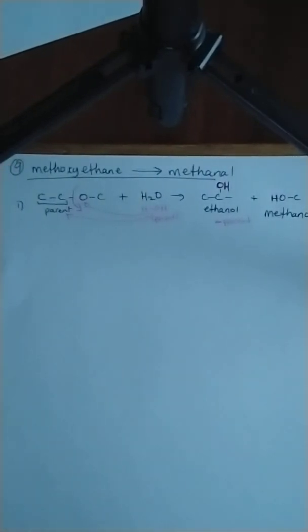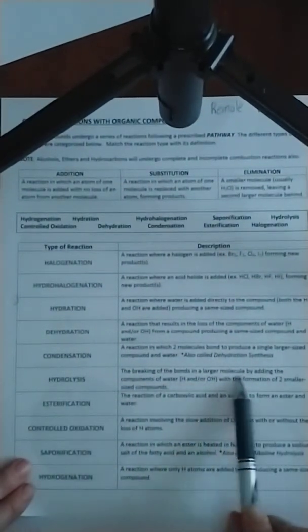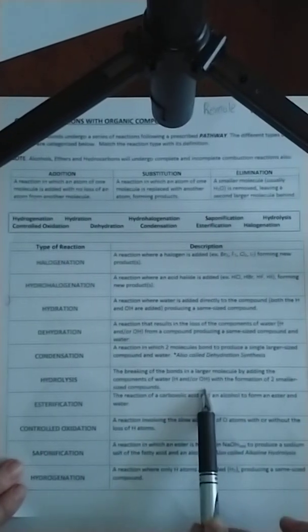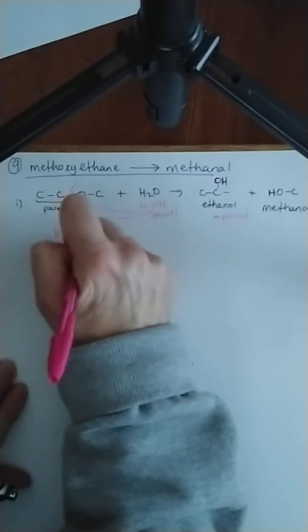So when you go to your list here, hydrolysis is the breaking of bonds in a larger molecule by adding water to form 2 smaller ones. So hydrolysis is the cutting of a compound with water. So this is a hydrolysis.